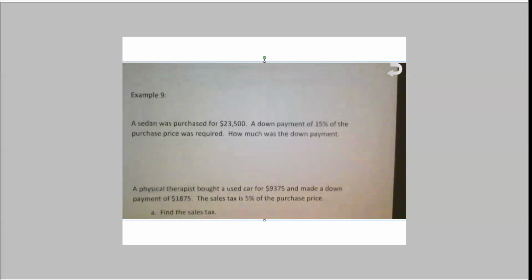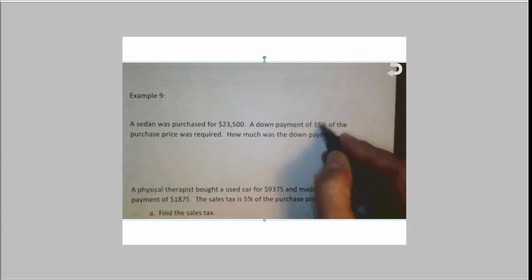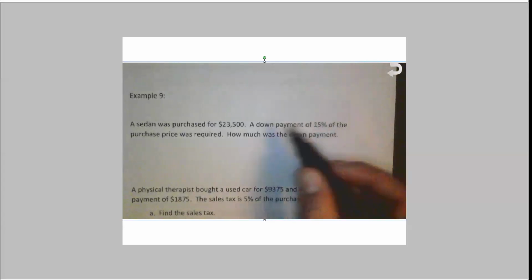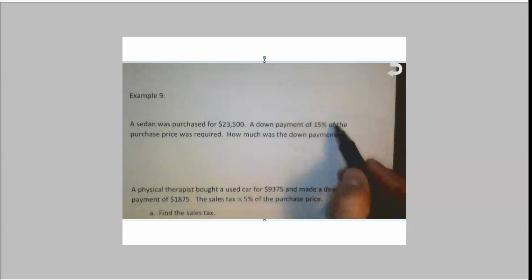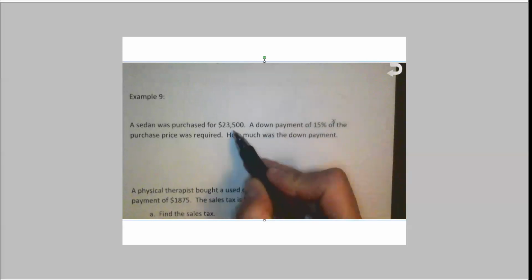All right, example 9. A sedan was purchased for $23,500. A down payment of 15% of that purchase price was required. So how much was the down payment? So 15% times the purchase price.